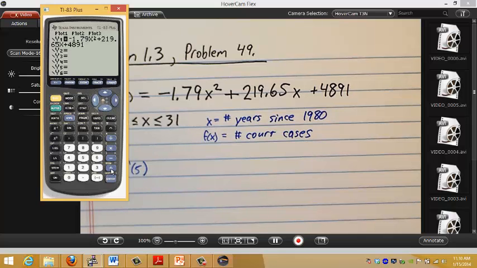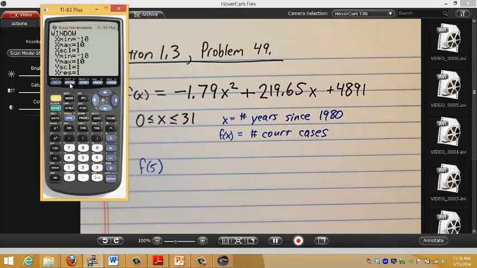Okay? And by the way, if I press graph right now, I probably won't see very much. I don't see anything. How come? The window. The standard window goes from negative 10 to positive 10 because the thought is that you're in an algebra class most likely. But what we want to do is find the data. We want to adjust our window. And actually, they told me in the problem what to do about x, right?